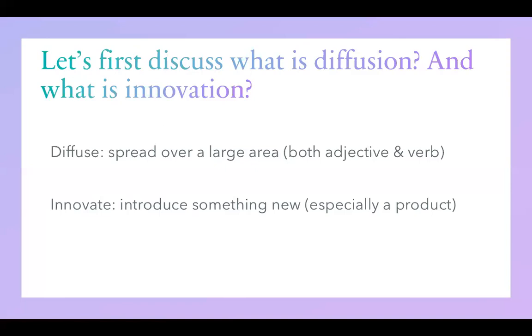So this model essentially deals with how innovations are spread over a large area of society, or how innovations are diffused in a given society.